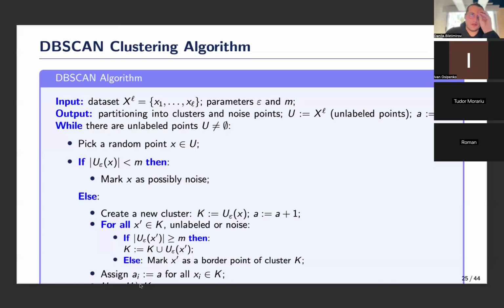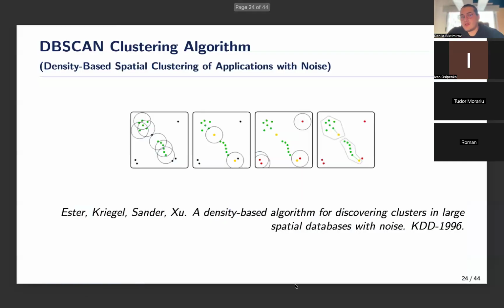So we take a point, create a cluster, then all the neighbors are added to this cluster, and then our cluster is going to grow. If x has fewer than m neighbors, it's marked as noise, just like in this example.